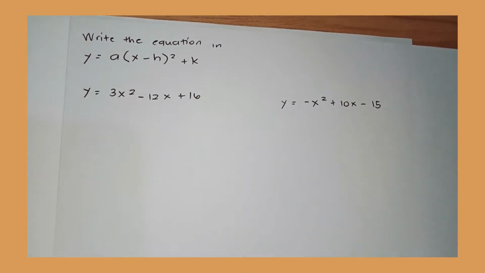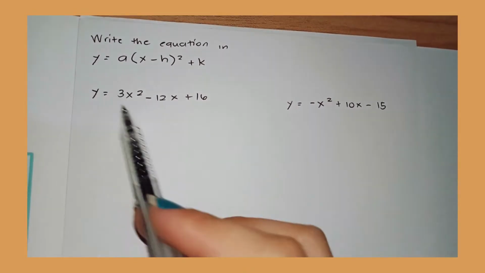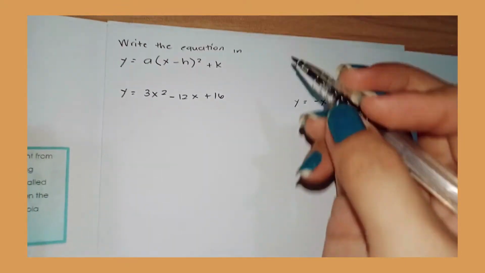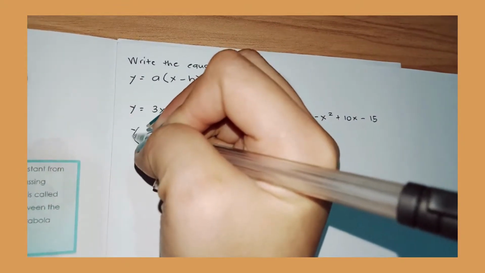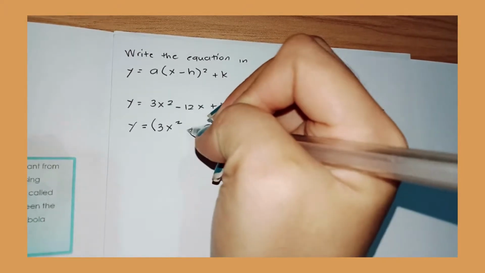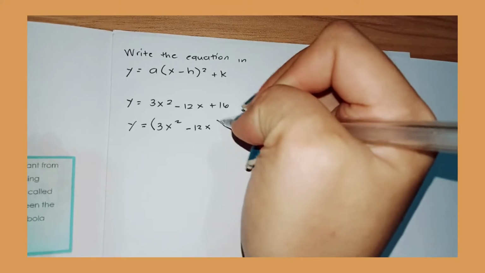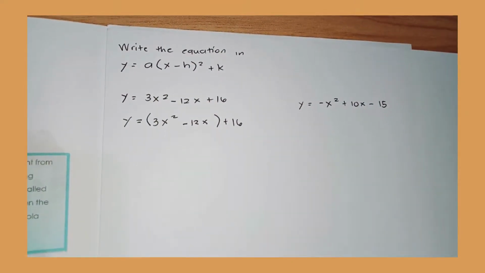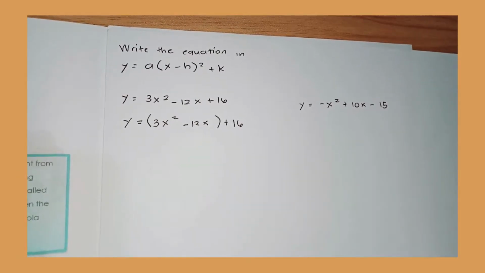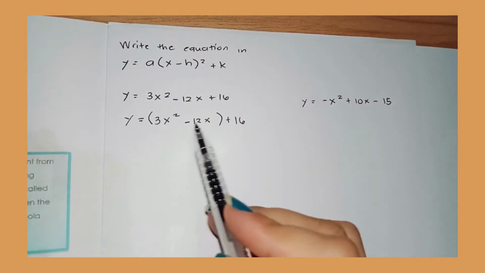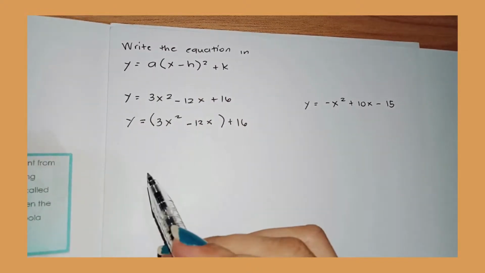Unang gagawin natin, pagsamahin natin yung merong variable na x. So, yung magiging equation natin ay y is equal to 3x squared minus 12x plus 16. Pinagsama ko yung parehong merong x. Next na gagawin, kailangan ilalabas natin yung 3. So, i-divide natin yung dalawa ng 3.